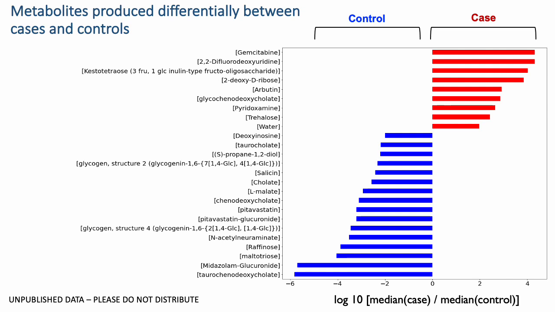Some of the metabolites that were produced at higher levels in cases compared to controls were previously implicated in celiac or other autoimmune or inflammatory conditions, whereas some of the metabolites that were depleted in cases and are produced at higher levels in controls were reported to have anti-inflammatory or protective effects.